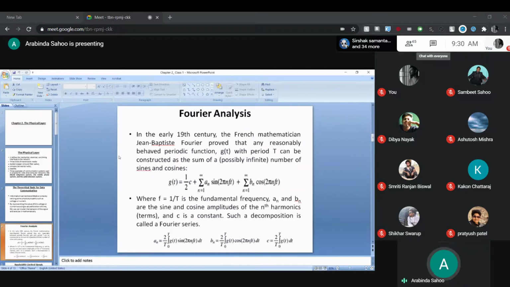So simply write down what a Fourier series is. Any periodic function or signal: periodic means it is repetitive in nature.